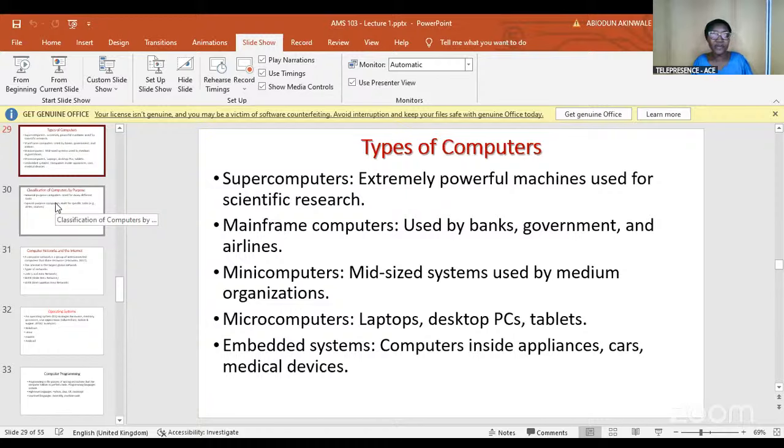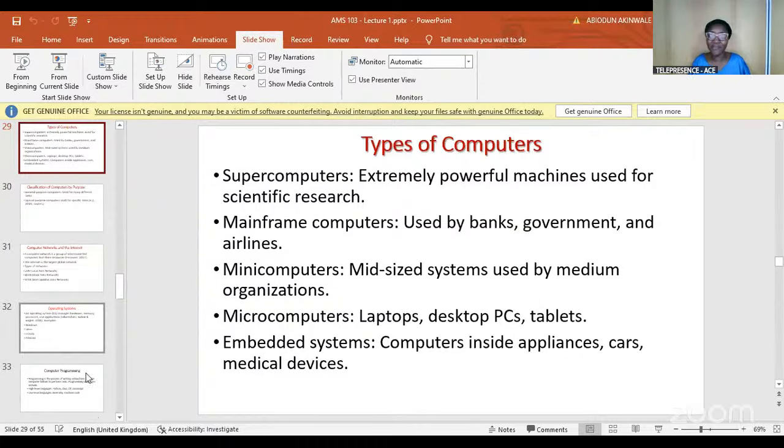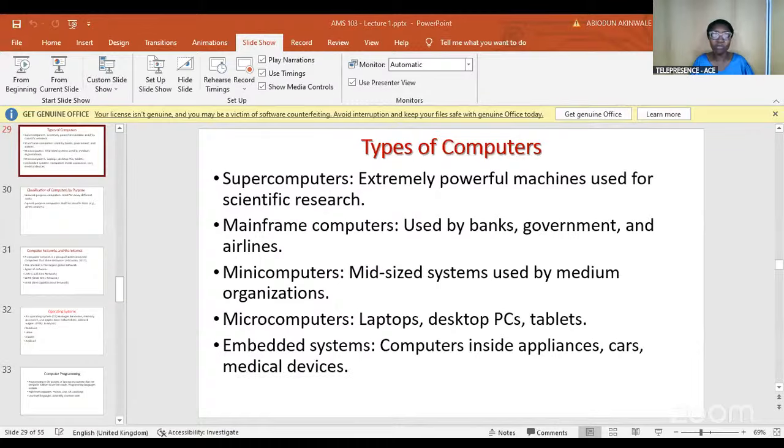Then the mainframe computers are used by banks, by government, by airlines. So you have them in different sizes, different capacity, based on your objective, what actually you want to achieve.